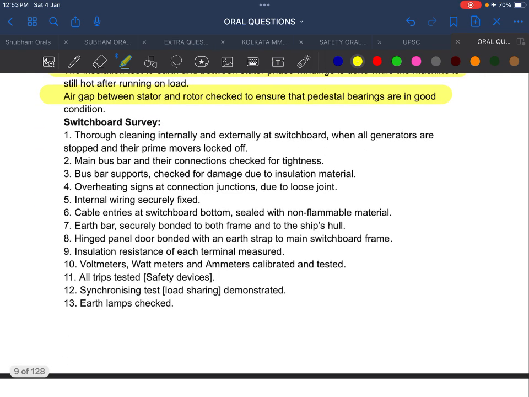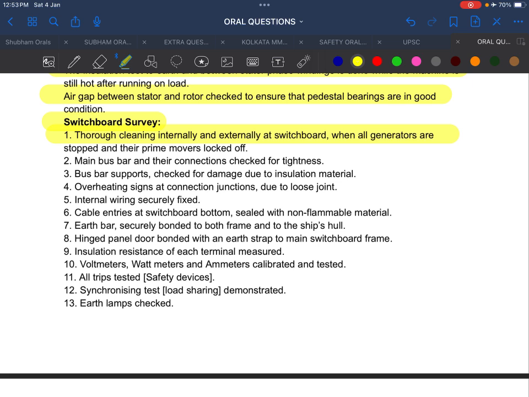Switchboard survey. Okay, there are switchboard surveys there. I already told you what surveys they are doing in the switchboard. They check the cleanliness of the switchboard when all the generators are stopped and their prime movers locked, so there is no chance of any movement.